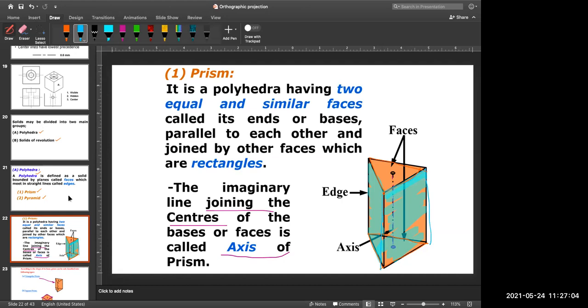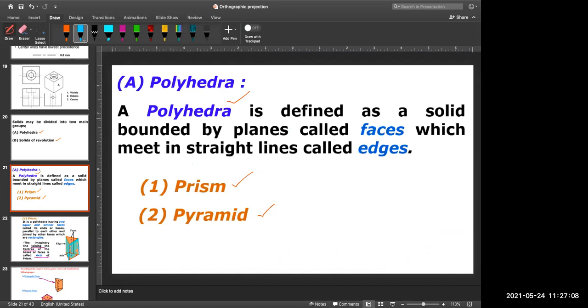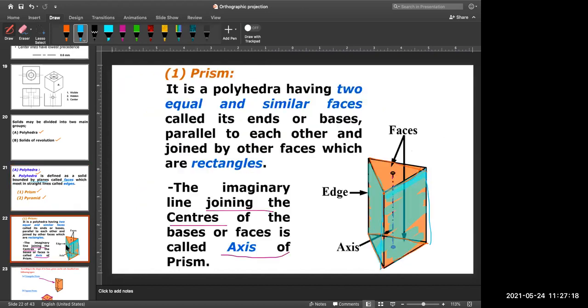So that is what we have seen in your previous slide, that a polyhedra is defined as a solid bounded by planes called faces, which meets in a straight line called edges. Here your edges are these lines. So in polyhedra, we have seen two categories, prism and pyramid.